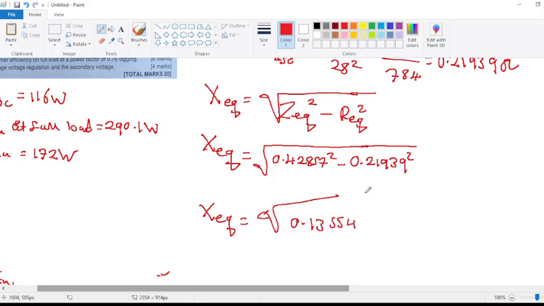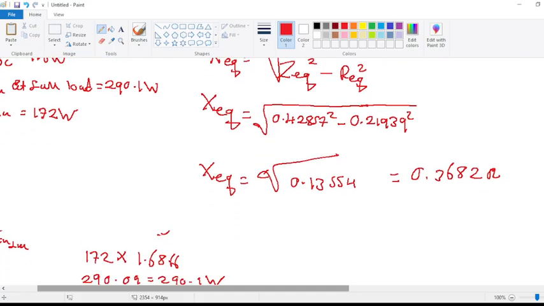Now if you find the square root of this, your answer is equal to 0.3682 ohms.